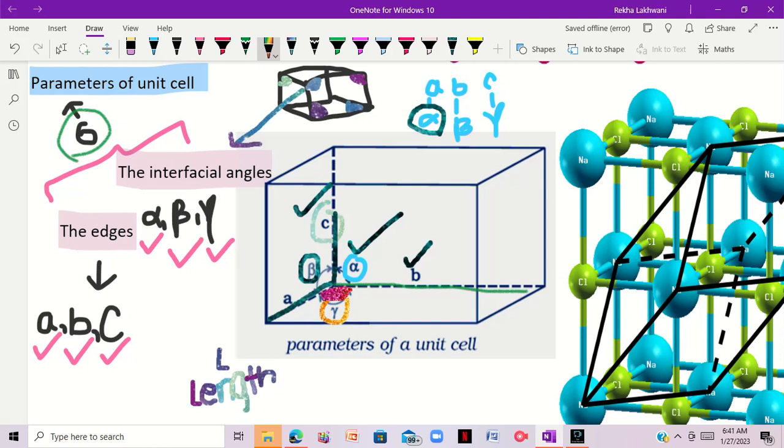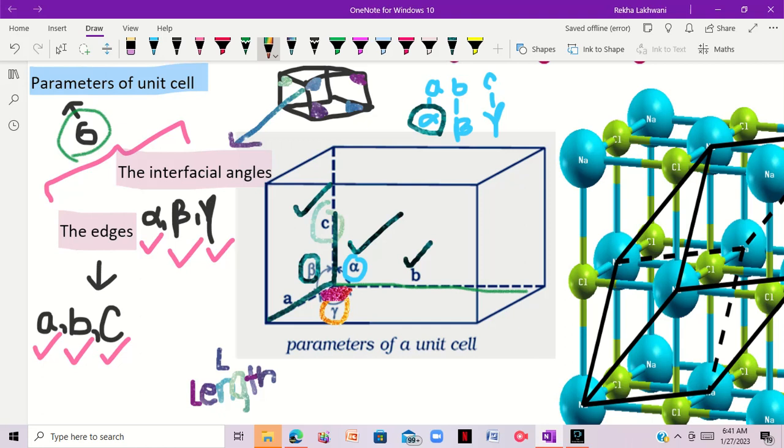This angle is known as gamma. This is the angle between edge A and edge B. So don't intermix this. Whenever it's B and C, the angle is alpha. When the edges are, for example, A and B, then the angle is gamma.